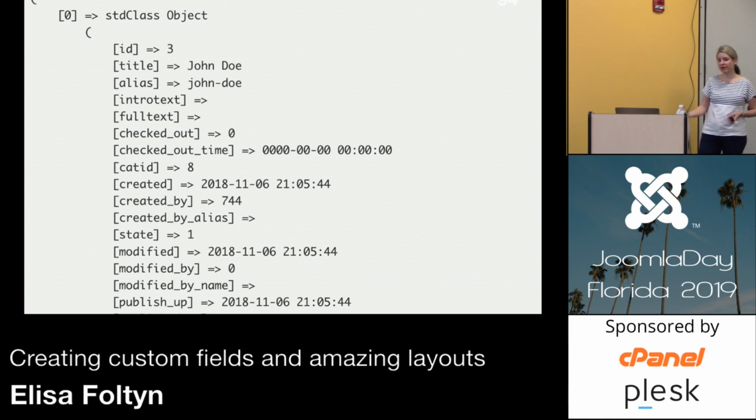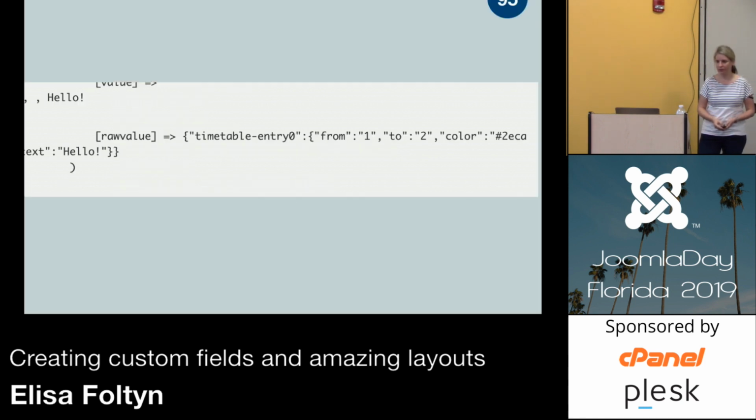I put this in the override, and I have this on my front end. The ID of the article is 3, the title is John Doe. It was modified here. Every piece of data which is stored in this article is in this variable. And later on, if you scroll down, you have somewhere a raw value.